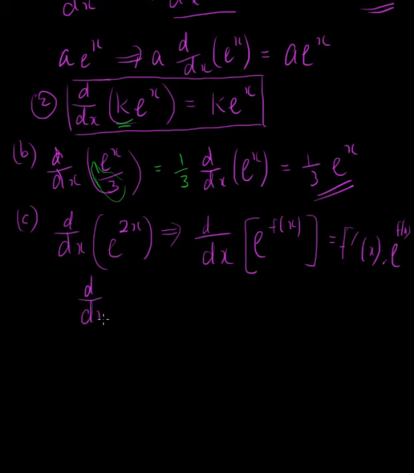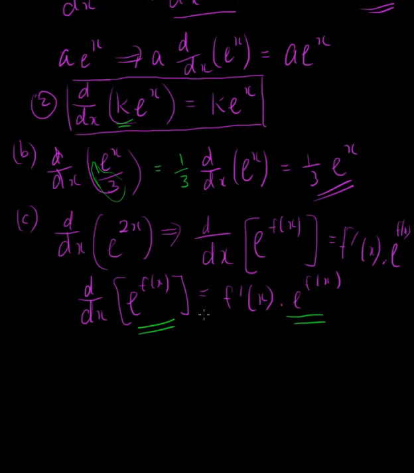If I want to differentiate e to the power of f of x, this is equal to f dash x times e to the power of f of x. So remember that this part stays exactly the same, and we just multiply it by the differentiation of the power function. Okay, so here's an example.